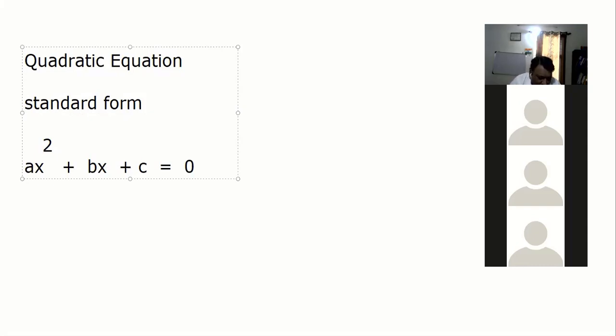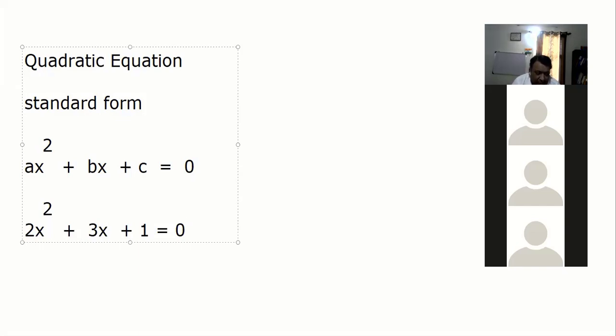Gauri, give me one example of any quadratic equation. 2x square plus 3x plus 1. Equal to 0, Gauri, because otherwise it's not an equation.